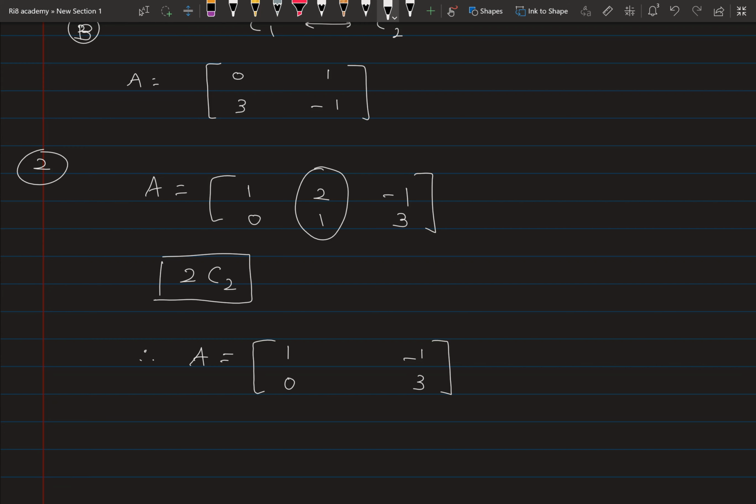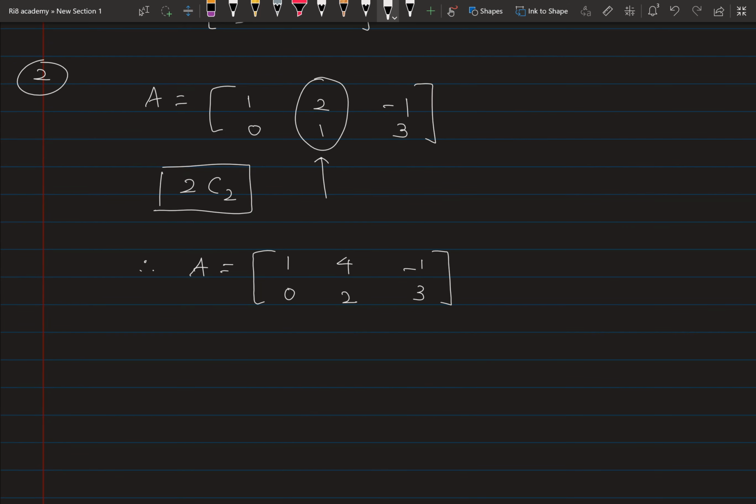In C2 we have 2 and 1. Both are multiplied by 2. So we get 4 and 2. You got the meaning of 2C2. When we say any column or row is multiplied by a scalar, all the elements of that column or row will be multiplied by that particular scalar.